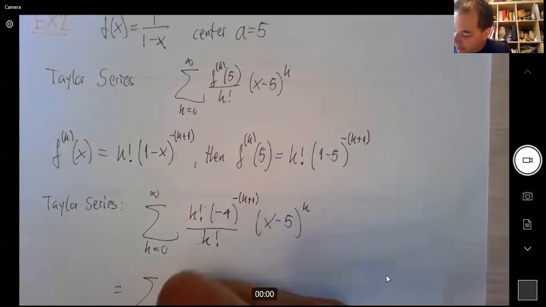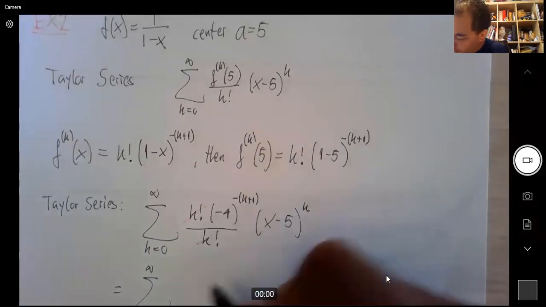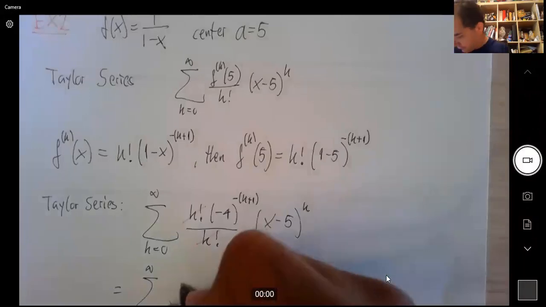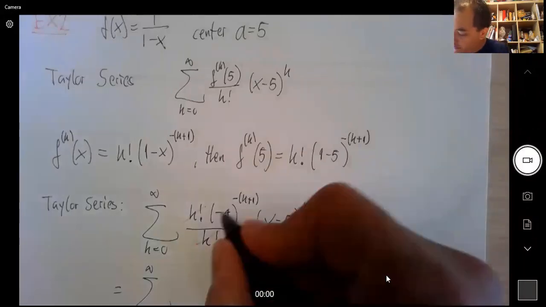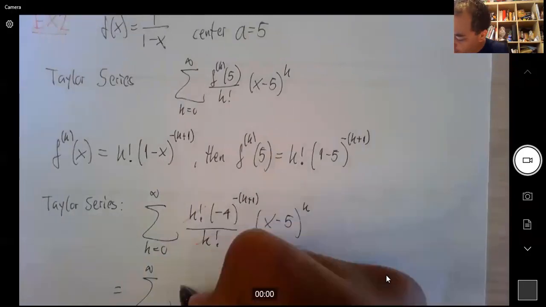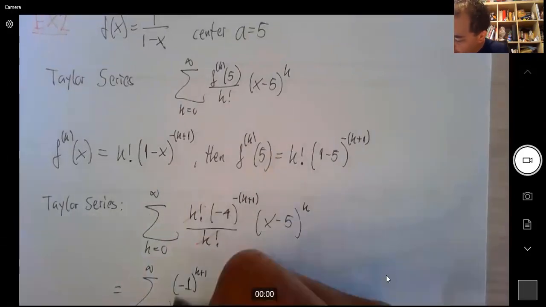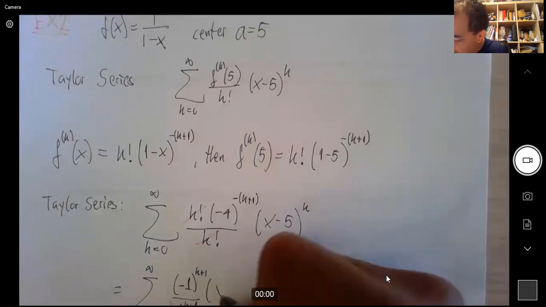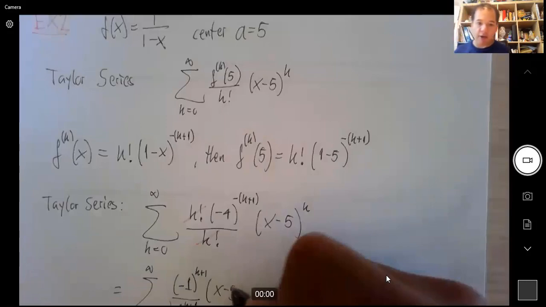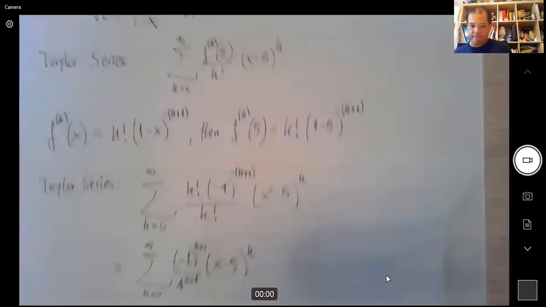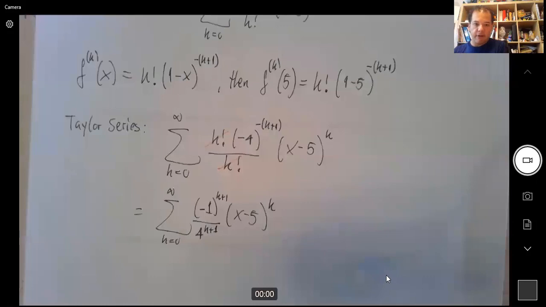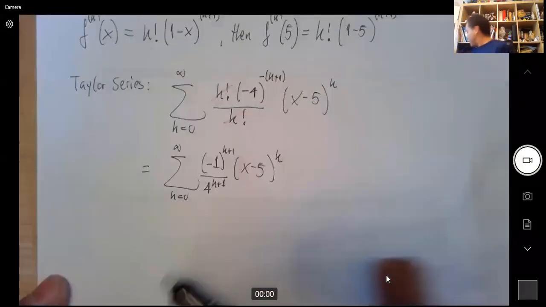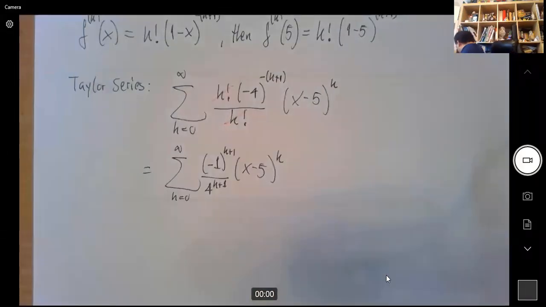So this will look as follows. The negative 1, it doesn't matter if it's on the top or on the bottom, so you can leave it on top. And then it's 4 to the power k plus 1, x minus 5 to the power k. All right, and that's as pretty as we can make it.